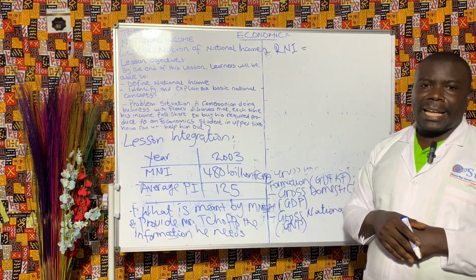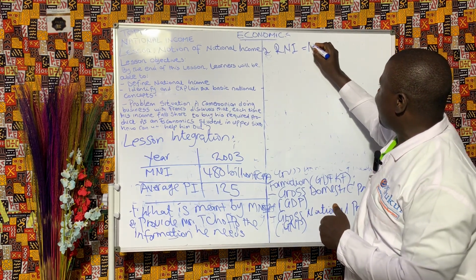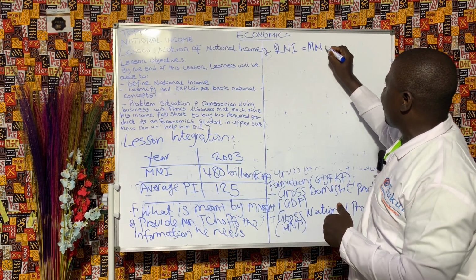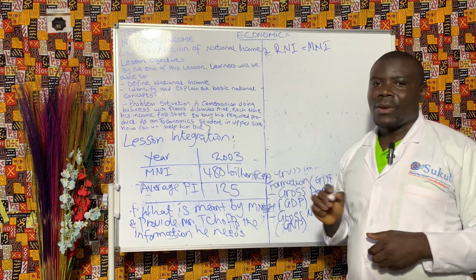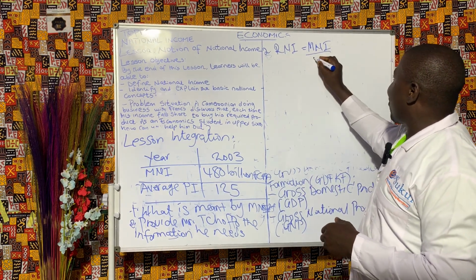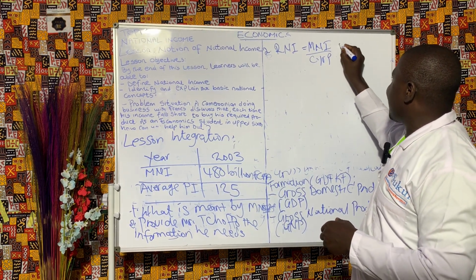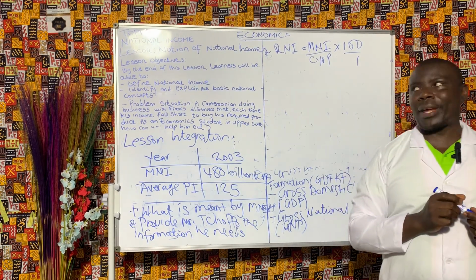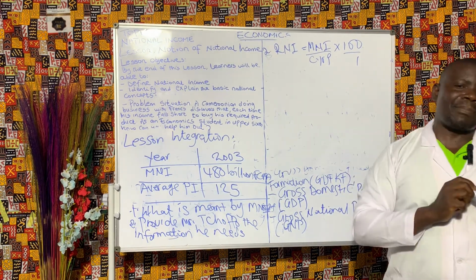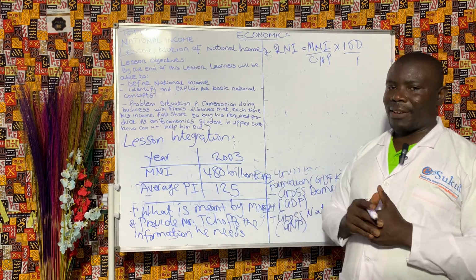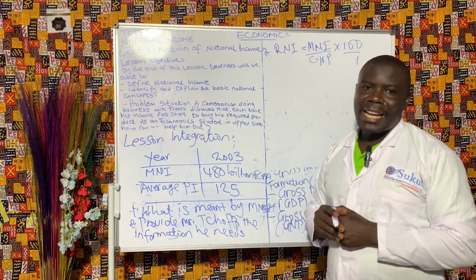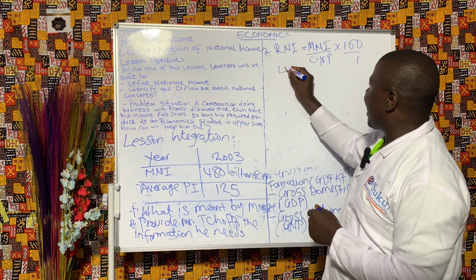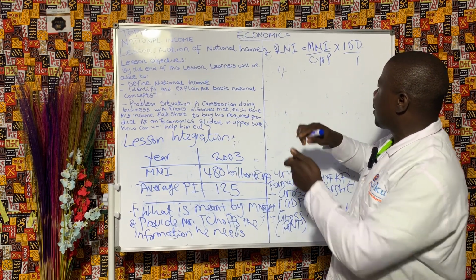we'll be taking the money national income over the current year price times 100. Remember, we said the base year is always 100. So that is the base year, which we have given as 100. Now we can substitute.